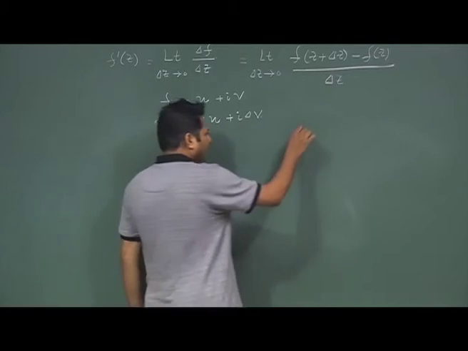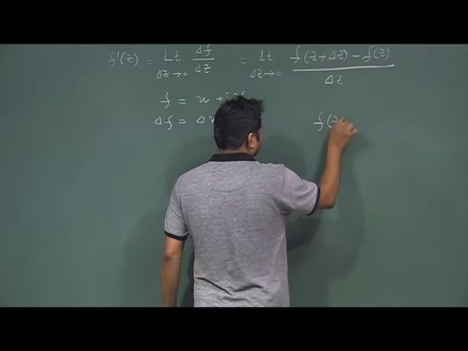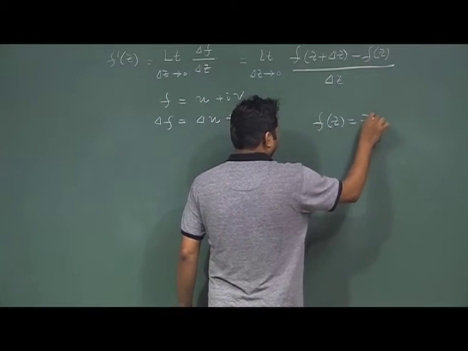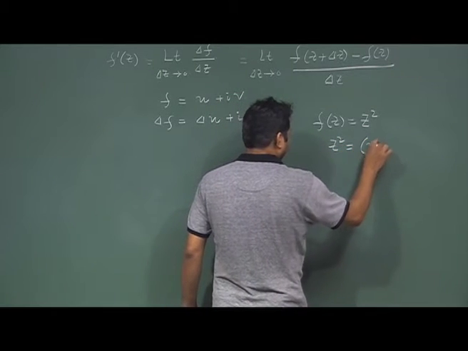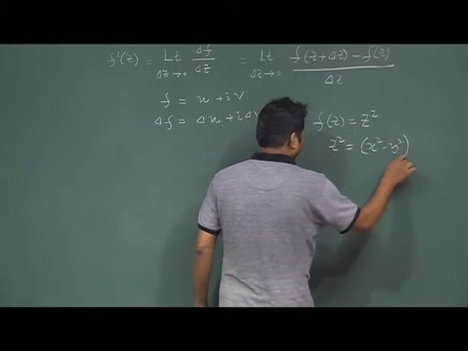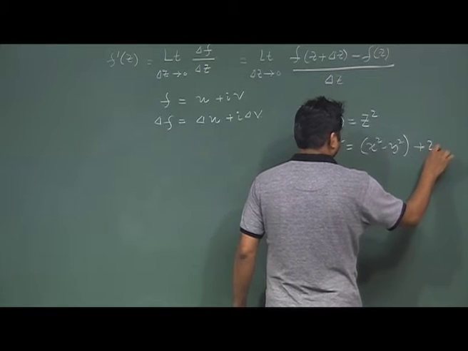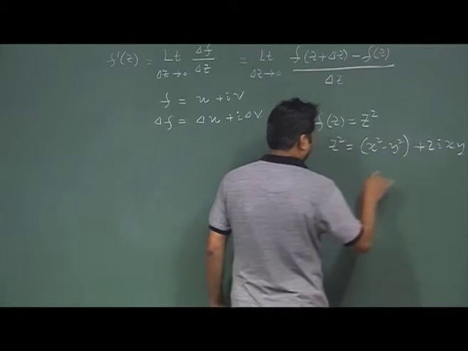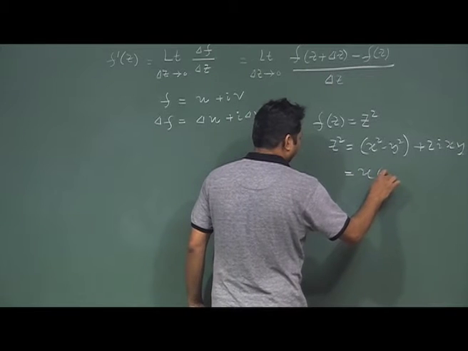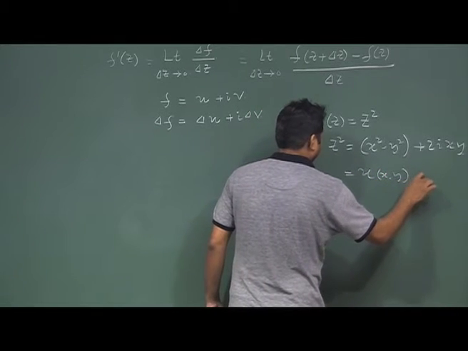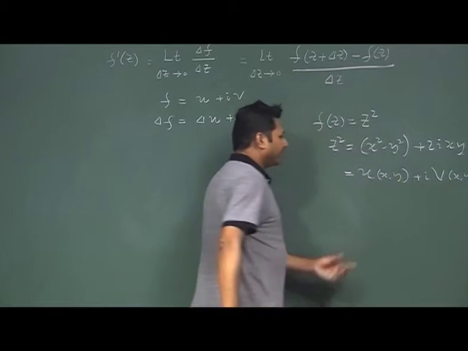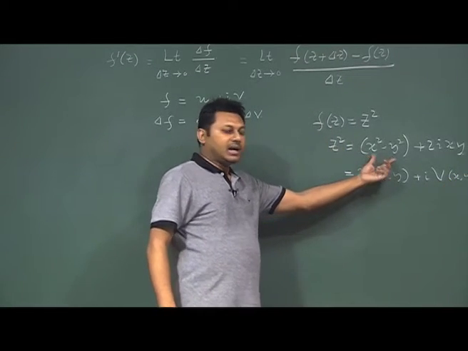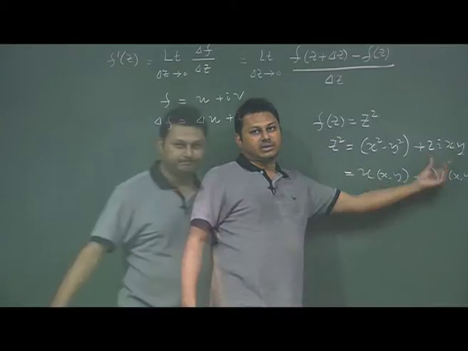If you remember, if I say f of z is z square, then z square itself can be represented as x square minus y square plus 2i x y, or u of x, y plus i v of x, y, where u of x, y is this quantity and v of x, y is this quantity.